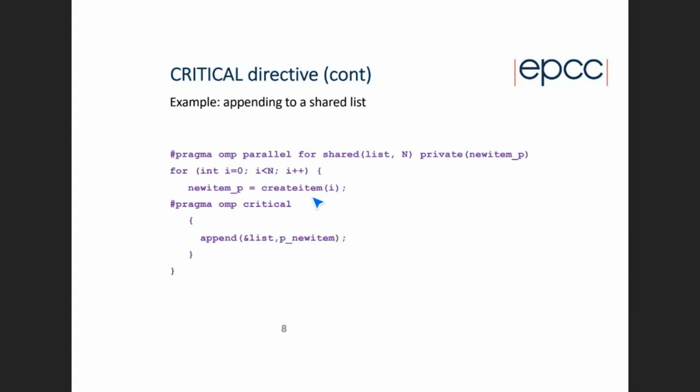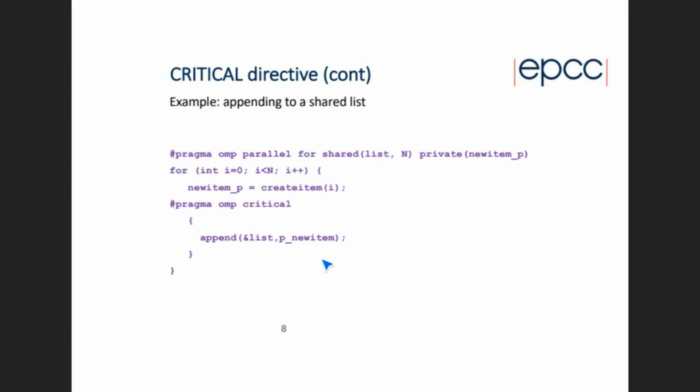Suppose that the creation of these structures is computationally expensive. So I'd like to exploit multiple threads to do the creation, but when they come to add their new item to the end of the list, only one thread at a time is going to be able to do that. Otherwise, I'm going to end up with some race condition and some horrible mess if multiple threads try to add items to the list at the same time.